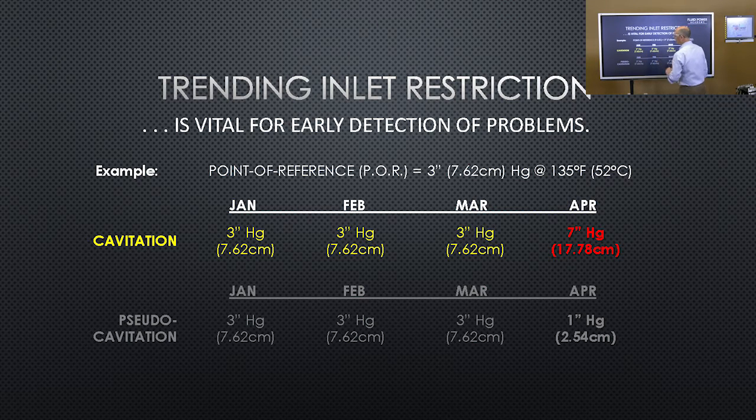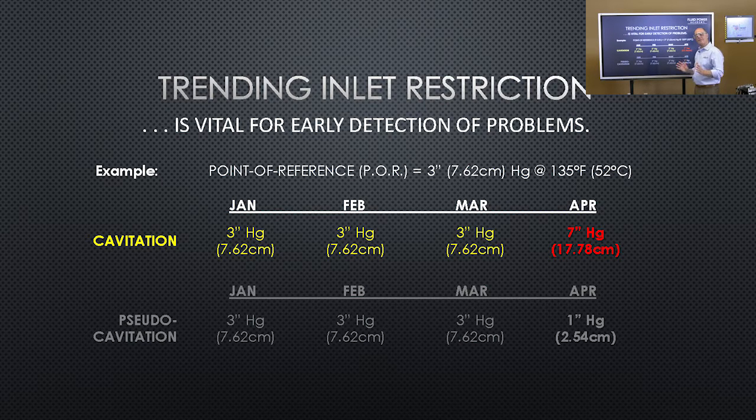If I'm trending, which I should be doing, checking inlet restriction on a pump every 30 days based on an 8-hour shift, then I will see that in January I have 3 inches of mercury, February 3, March 3, but let's say, for example, in April, the inlet restriction went up to 7 inches of mercury. This is definitely a red flag.